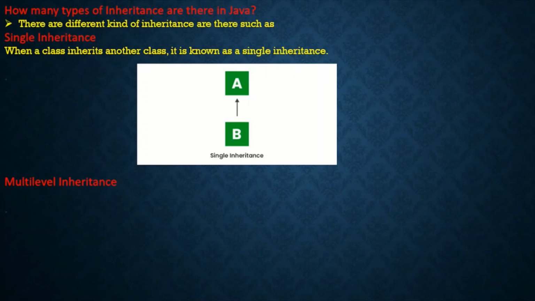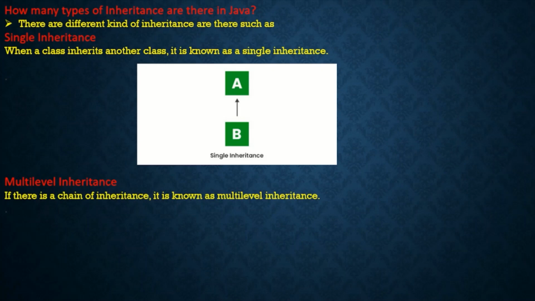The classes are in levels, one level after another. Let me take one example. If there is class A, class B and class C, with class C extending from B, and B extending from A, then I can say A, B, C are in multi-level inheritance, because there are two levels.